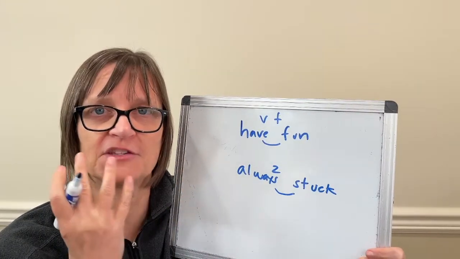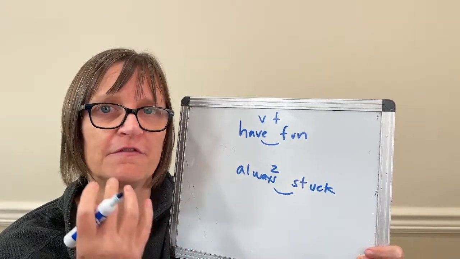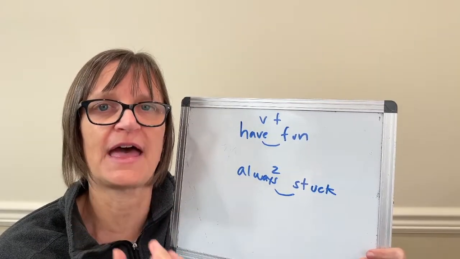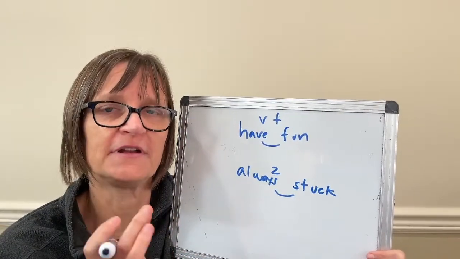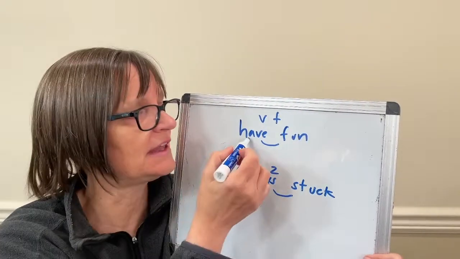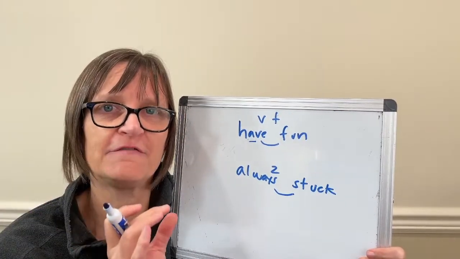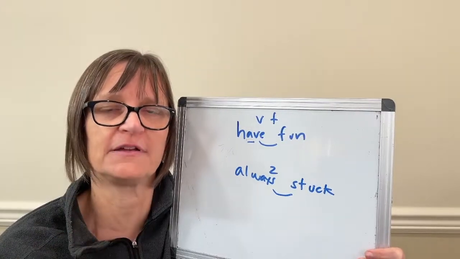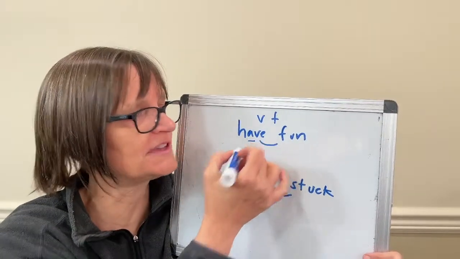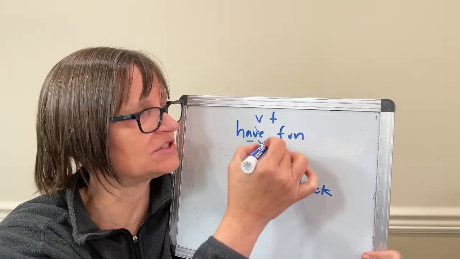As I'm saying my V, I can just turn my voice off and it'll turn to an F. Have fun. Also, the V is not going to be as strong. I'm just going to lengthen this vowel so we perceive it as a V. If I say have fun with a strong V, it sounds too long.